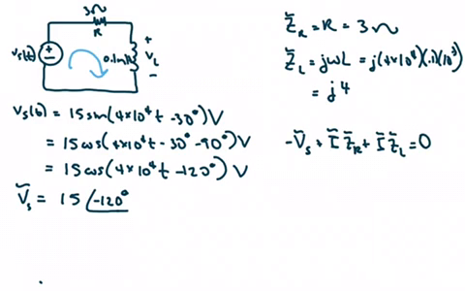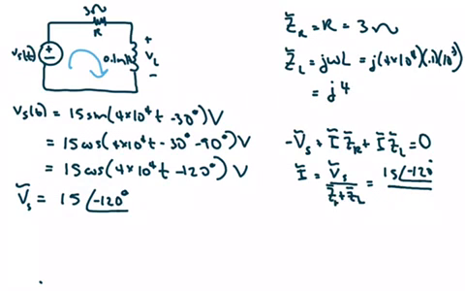If I solve for I, it's going to be Vs over ZR plus ZL. Okay, I already know what Vs is. And the combination of the series of ZL and ZR is just going to be 3 plus j4.